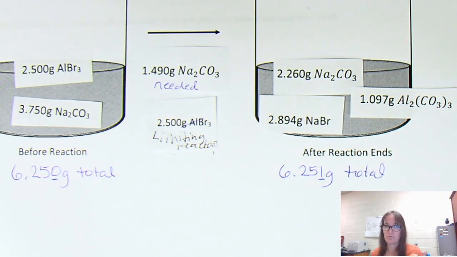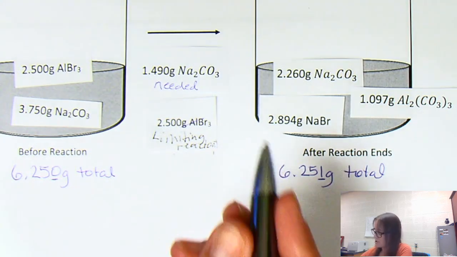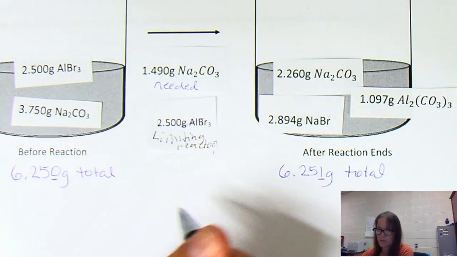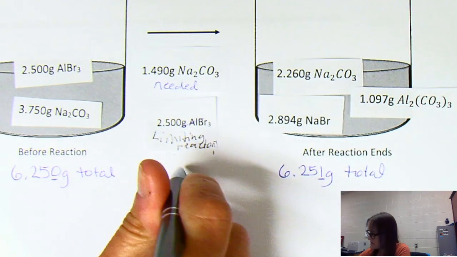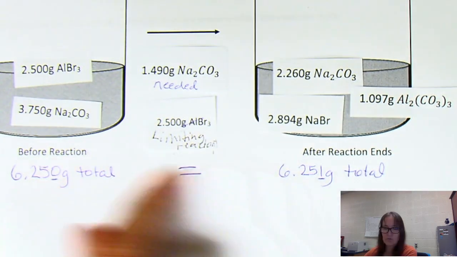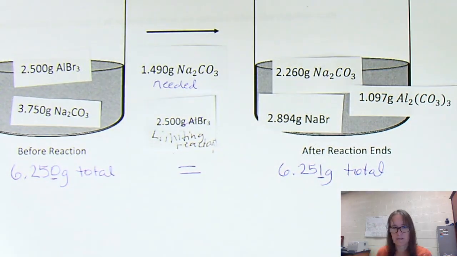If you don't round any of them, then sometimes the total after will be 1 less in the last digit. But because these don't exactly equal, it doesn't mean we did anything wrong. It just means these involved calculations. And so these are equal to each other. Again, that last digit being off is just because of the calculation. So this shows that we have done the calculation correctly, we have accounted for all of our chemicals, and we know how much remains after the reaction is over.